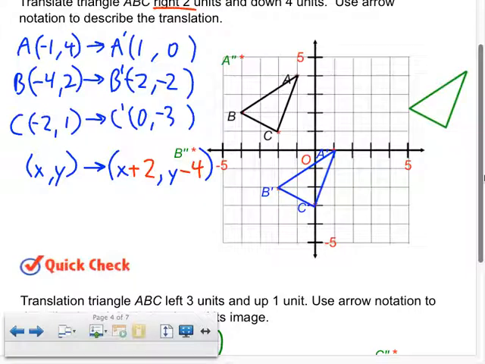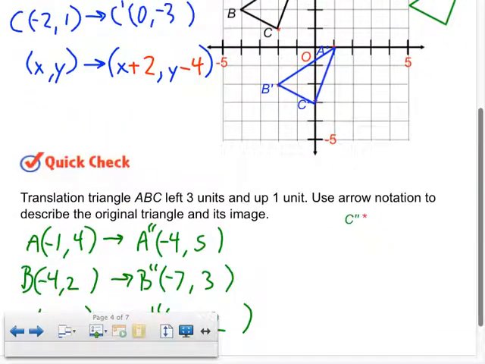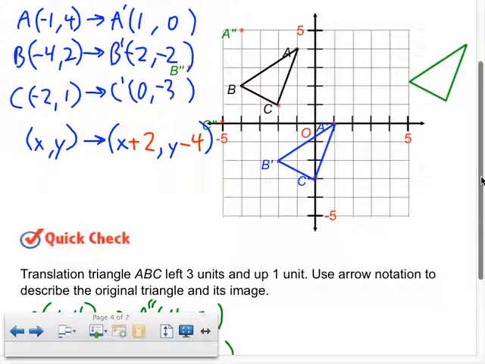It's going to be +3. So 1, 2, 3. So about there is going to be B. And then C is -5 and +2.